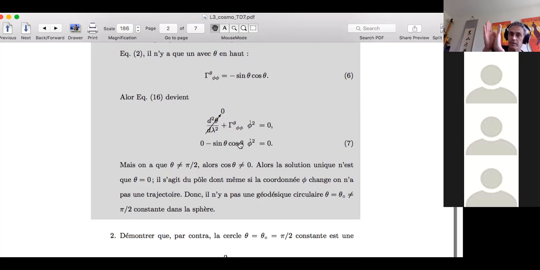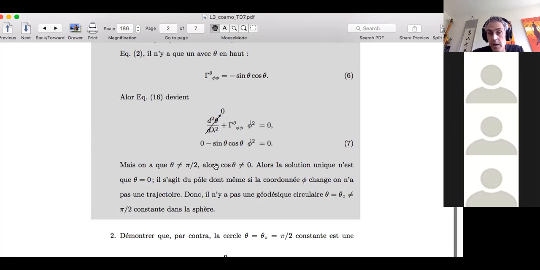So the North Pole is the solution. But then you're at a point, even if your phi, your longitude, is changing, you're at the pole. It's a singular point in the coordinate system, and you're not moving. You don't have the possibility of moving, so that's not really a solution.